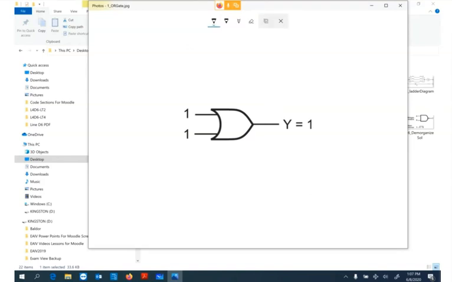The picture itself is too small, so I'll see if maybe I can do this on a PowerPoint, would be better. Okay. So A or B equals Y. A lot of cases it's written Y equals A or B.